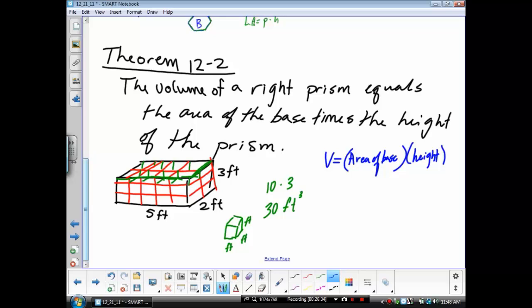In variable form, this is V equals capital B, which is always the area of the base, times a lowercase h, which is your height. So when you see a capital B, it means you have found the area of the base. V is volume.